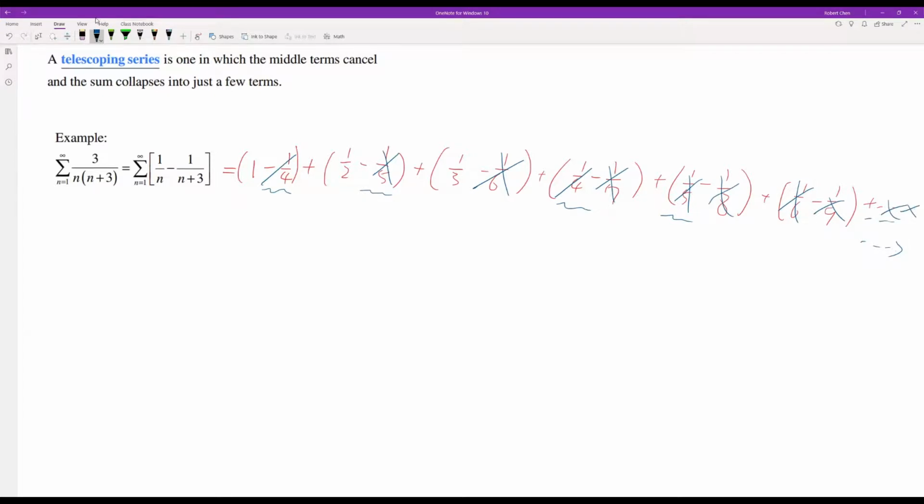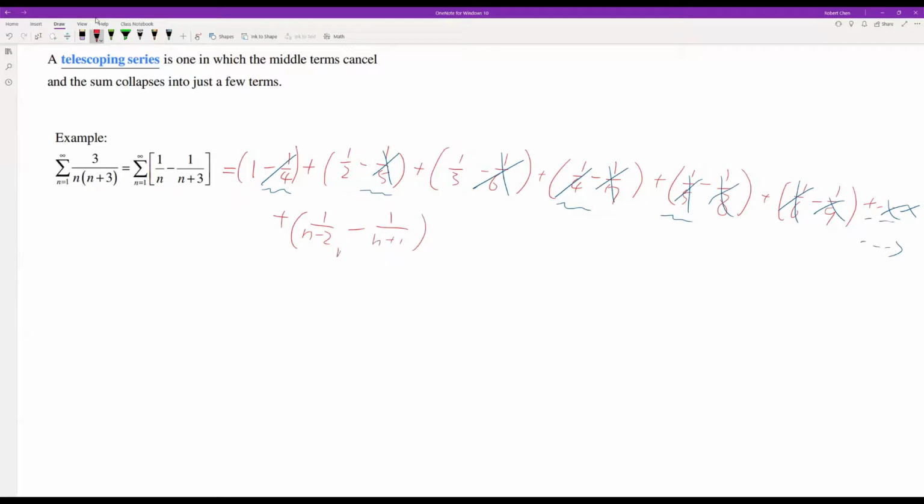And let's look at the nth term. Right? So let's say I have the term, it's going to be plus 1 over n minus 2 minus 1 over n plus 1.